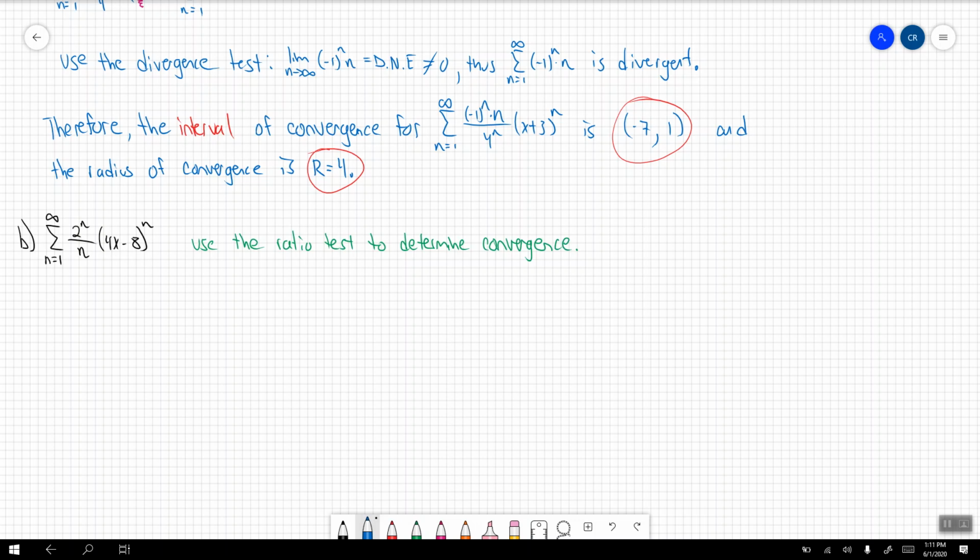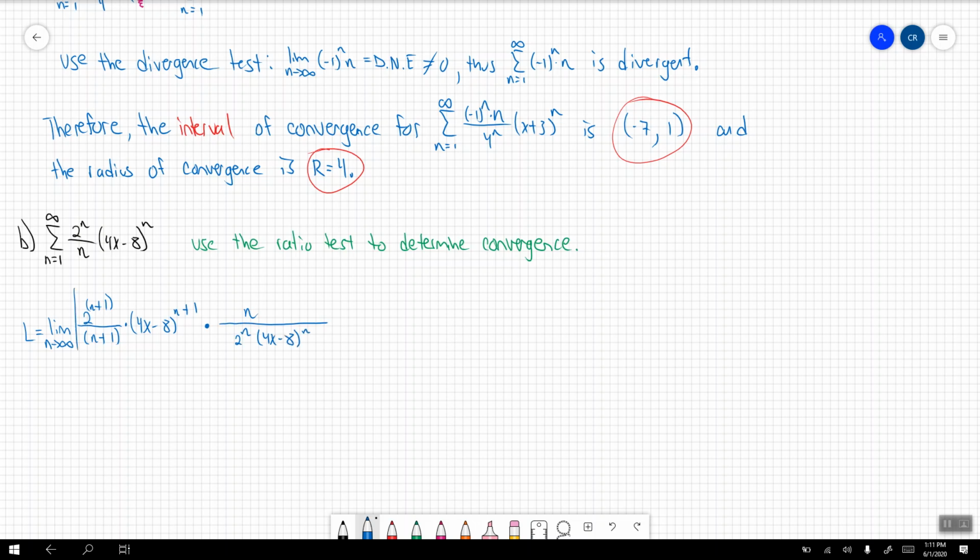This is going to give me L is equal to the limit as n tends to infinity of 2 to the power of n plus 1 divided by n plus 1, multiplied by 4x minus 8 to the power of n plus 1, and then I'm going to multiply by the reciprocal of what I would divide it by, which in this case is n divided by 2 to the power of n times 4x minus 8 to the power of n.